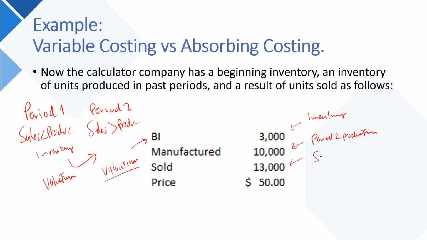These are the sales from period 2. As you can see, sales are bigger than production. So those 3,000 are going to be filled with 3,000 products from the beginning inventory of the previous month. So that's basically it. We need to recognize the inventory from the previous month inside the new analysis.